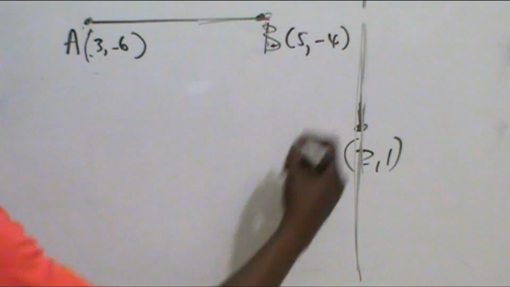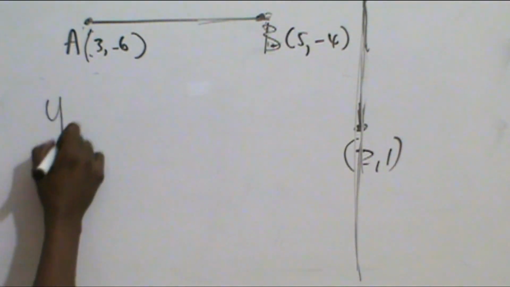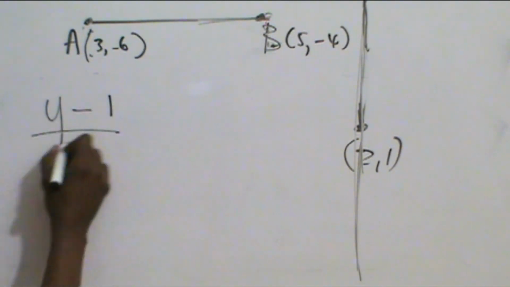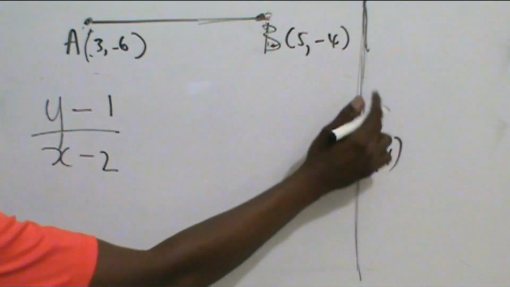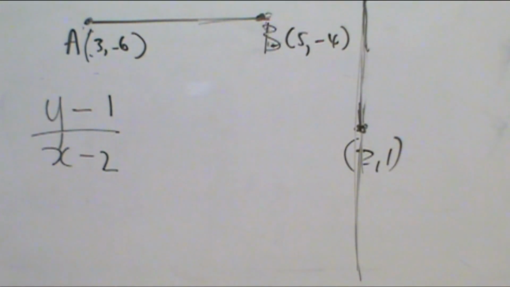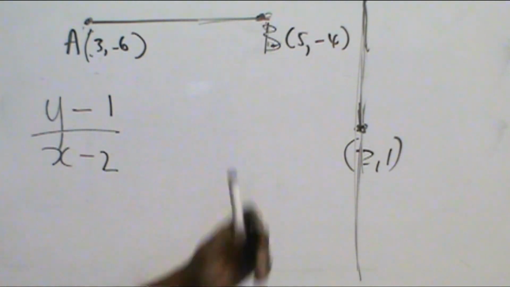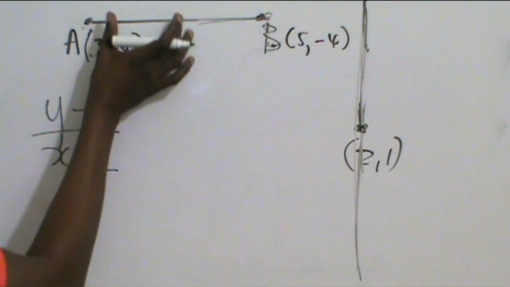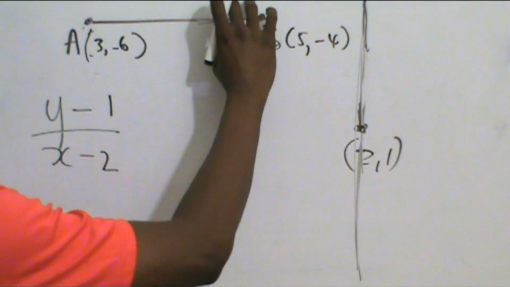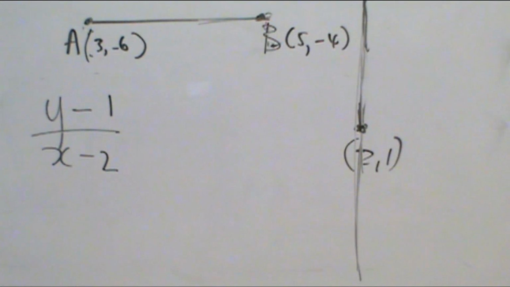So in that case, we say (y - 1) over (x - 2), because we're using this point. We know the gradient of this line is the negative reciprocal of the gradient of this line because the two lines are perpendicular. And having the gradient of this line as minus 5 over 4, it means that the gradient of this line would be plus 4 over 5.